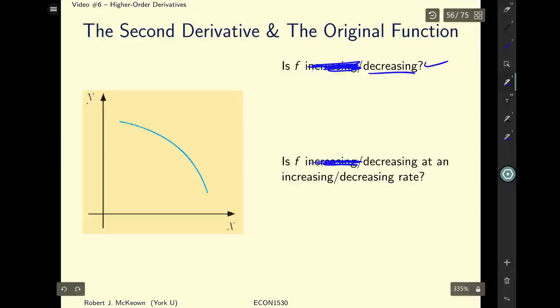And if we drew those little points of tangency that represent the slope, you can see that it's becoming more and more negative. And so f is decreasing at a decreasing rate.